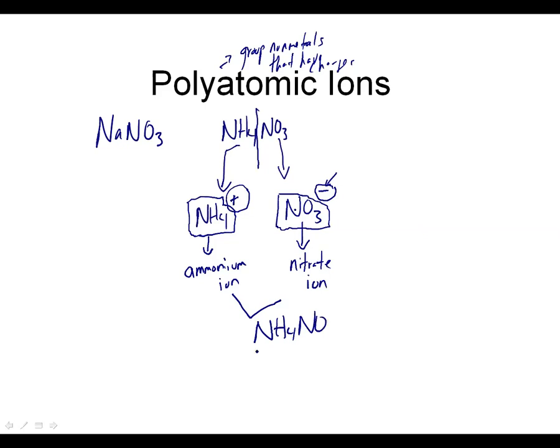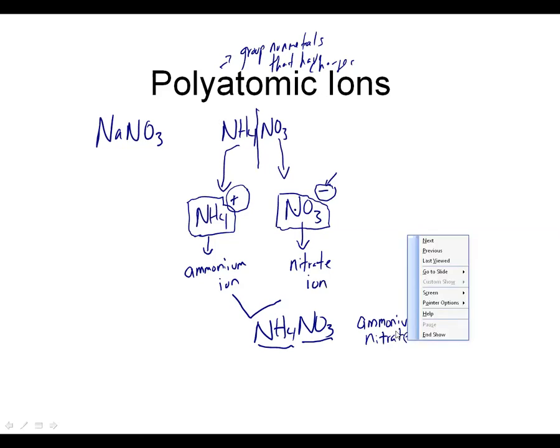We basically need one NH4, which is +1, one NO3, which is -1, +1 -1 gives you 0. And in terms of naming this, we actually would just use the polyatomic ion's name. So we would start with ammonium. And the second polyatomic ion is nitrate. So this would be ammonium nitrate, and that would be the name of it.